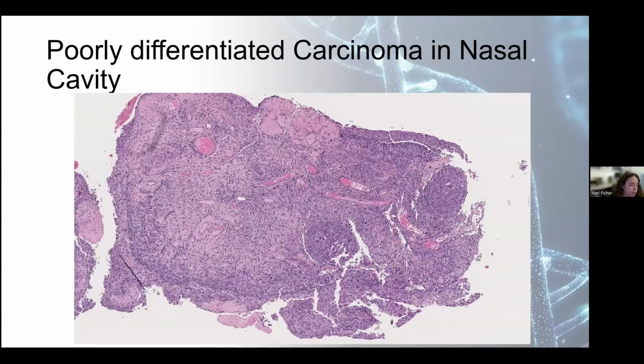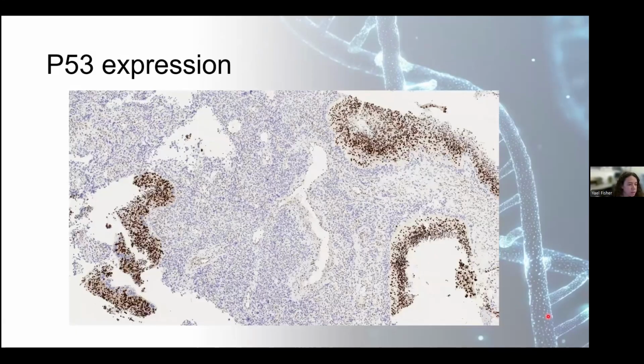And this was stained for P53. And these are the results. So we have the poorly differentiated area that has null expression, has lost all expression of P53, and the carcinoma in situ areas that have also a pathological expression, right?